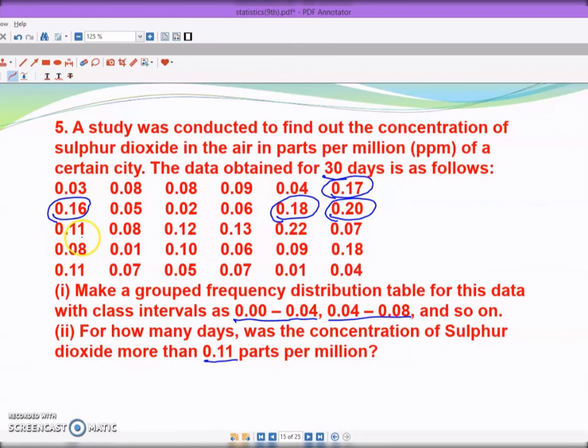This will not be included because you are looking for more than 0.11 and this is equal to 0.11. So this is 0.12, 0.13, 0.22, 0.18. That's it, so you count these. How many days was it more than 0.11? 1, 2, 3, 4, 5, 6, 7 and 8. So the answer is 8 days.